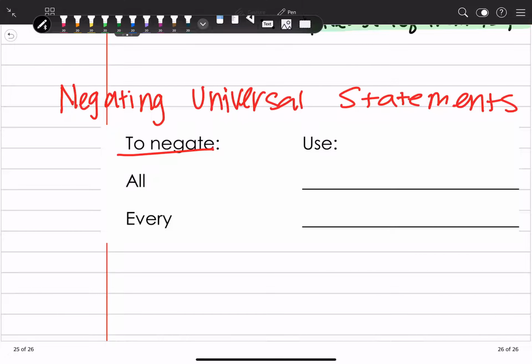To negate it, you need to know that there is at least one. Just like yesterday, we just had to find one example to say, well, that's not always true. If you have at least one example, then you've already negated it.